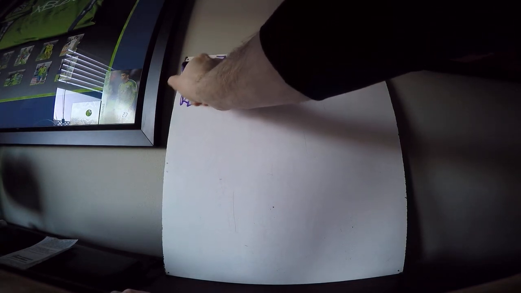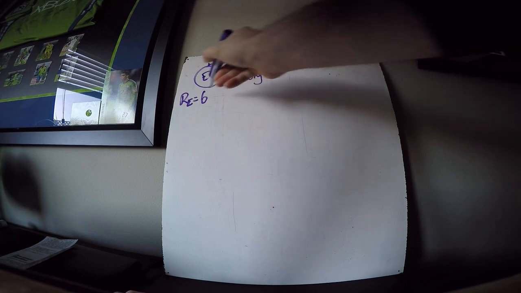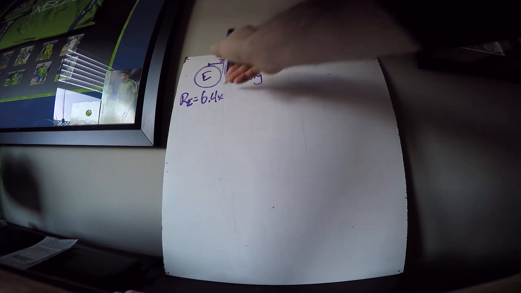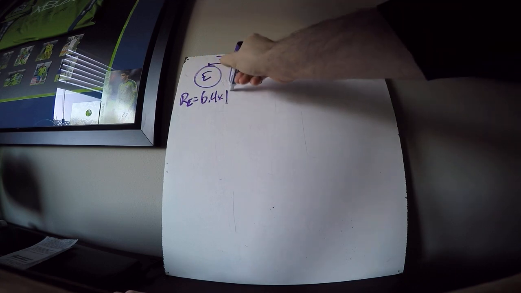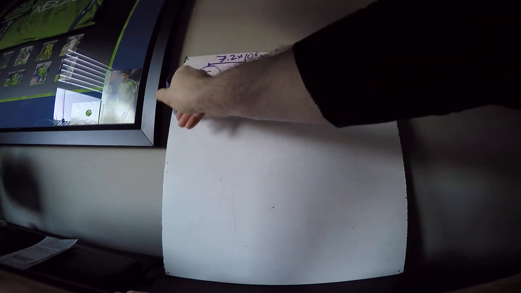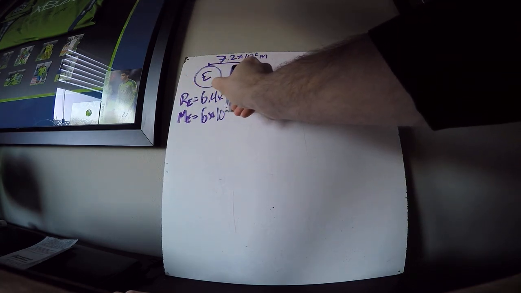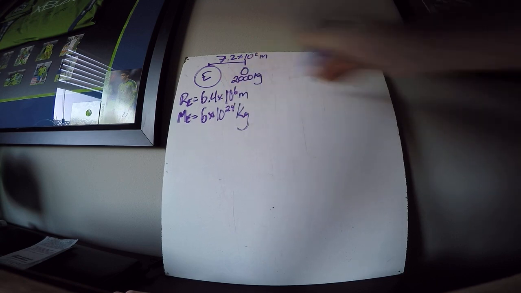The radius of Earth equals 6.4 times 10 to the 6th meters. The mass of Earth is 6 times 10 to the 24 kilograms.